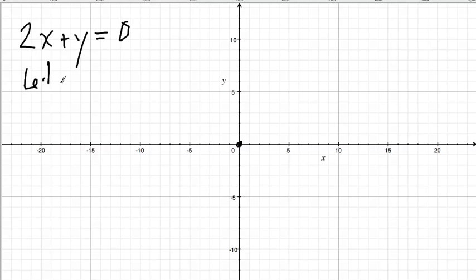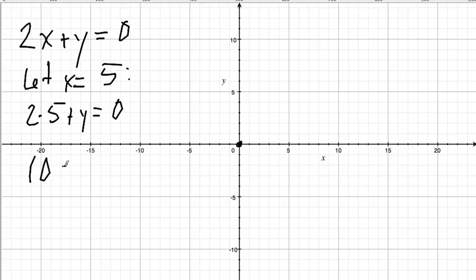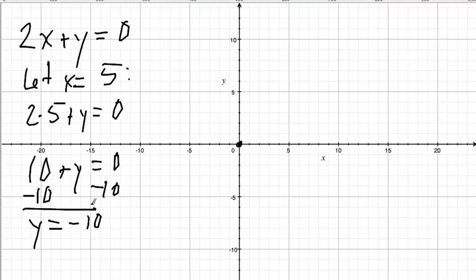So let's let x be, say, 5. And then I get 2 times 5 plus y is equal to 0, or 10 plus y is equal to 0. I subtract 10 from both sides, and I get that y is equal to negative 10. So I get the point 5, negative 10, which is down here, and this is going to be my line.